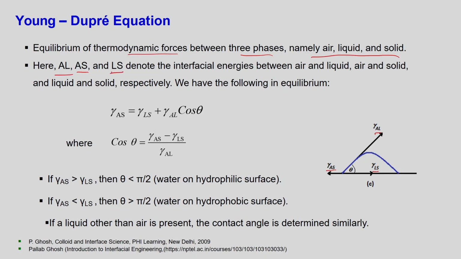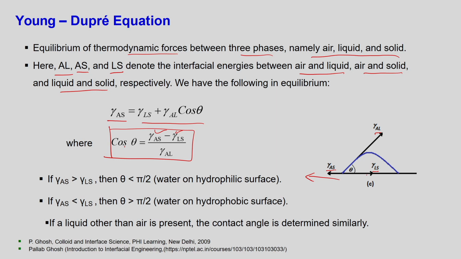AL, AS, LS are the interfacial energies between air-liquid, air-solid and liquid-solid. So gamma AS equals gamma LS plus the cosine contribution of gamma AL, so I can write cos theta with this expression. If you know these values you can find the contact angle.